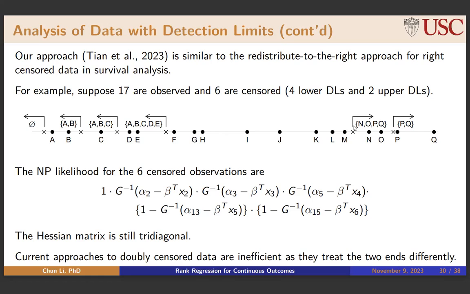On this end, cut off 13, so alpha 13, cut off 15, alpha 15, and cut off 16. There were 17 observed points, so there were 16 cutoffs. All right, so these are the likelihood for the censored, and the likelihood for the observed is just the same as the old likelihood. So you have a very similar structure of the NP likelihood, and the corresponding Hessian matrix is still tridiagonal, so the algorithm can still be efficiently run to get estimates.